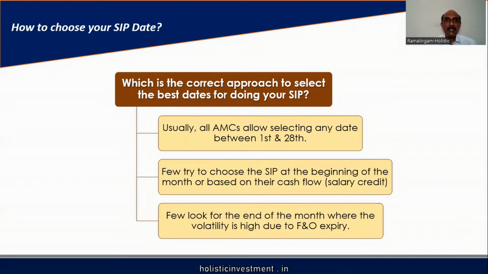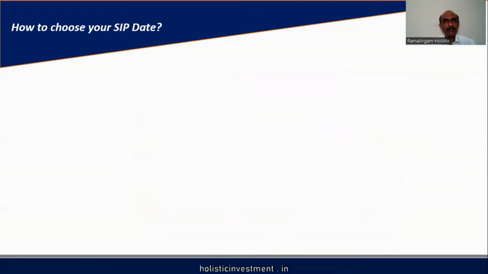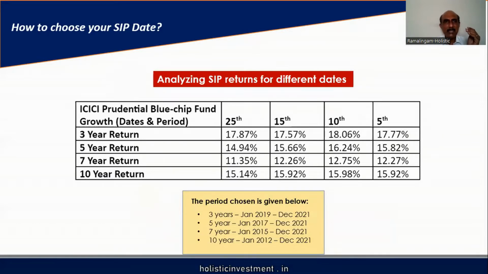So which is the best date for selecting mutual fund SIP? Let us first understand by doing a simple basic analysis. Let us take different time frames like 3 years, 5 years, 7-year, 10-year time frame, and one particular fund, ICICI Prudential Blue Chip Fund.